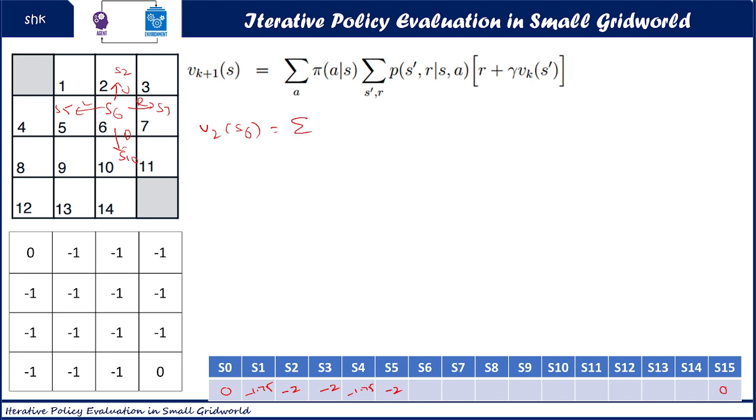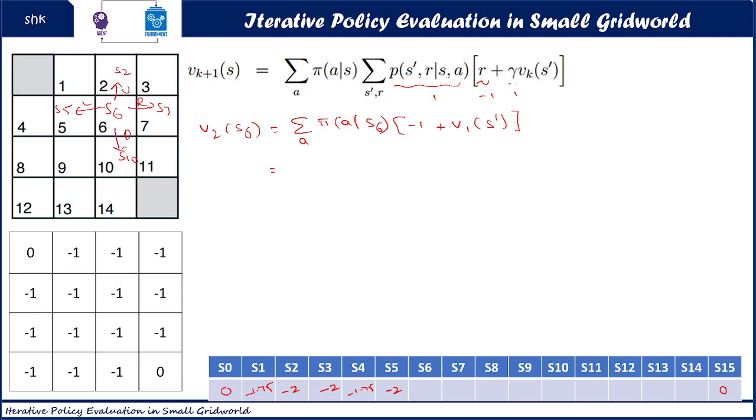So now we will write the value function as summation of all the actions, the probability of a particular action in S6 state, the probability of state transition is 1, the reward is minus 1, and the discount factor is 1. So by substituting this, you get minus 1 plus V1 of S dash, where S dash will change with respect to action.